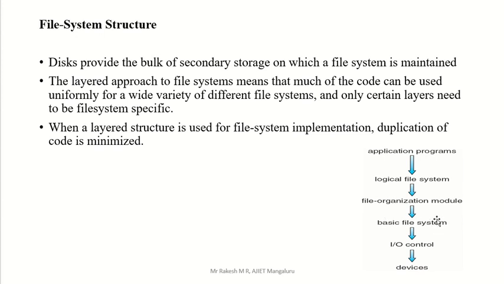The basic file system gives an operation to the input output control. Two things are the input for input output control: one is the physical address, and the other is the operation given by the basic file system. The operation may be read, write, delete, or list, like this many operations are there.